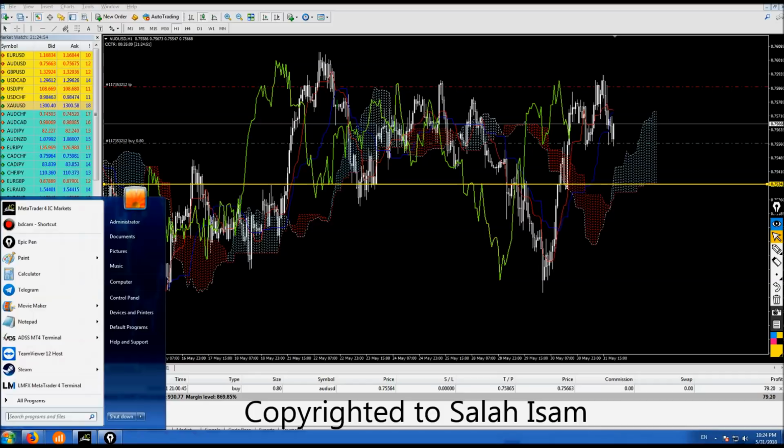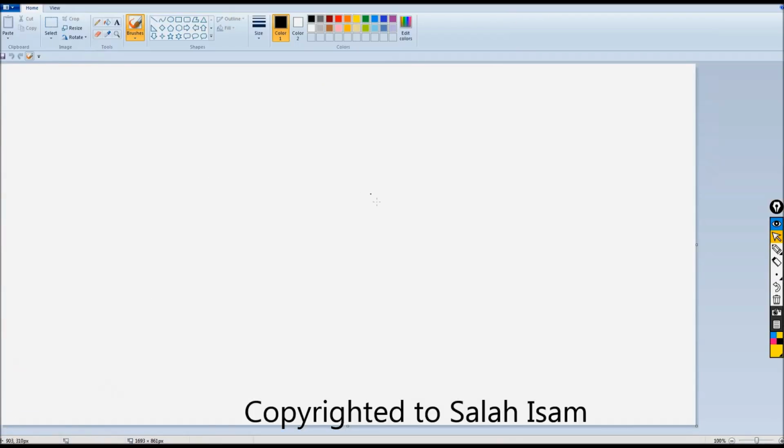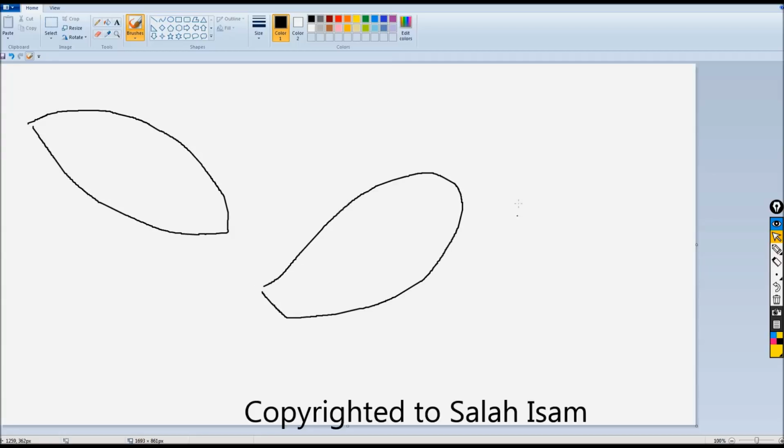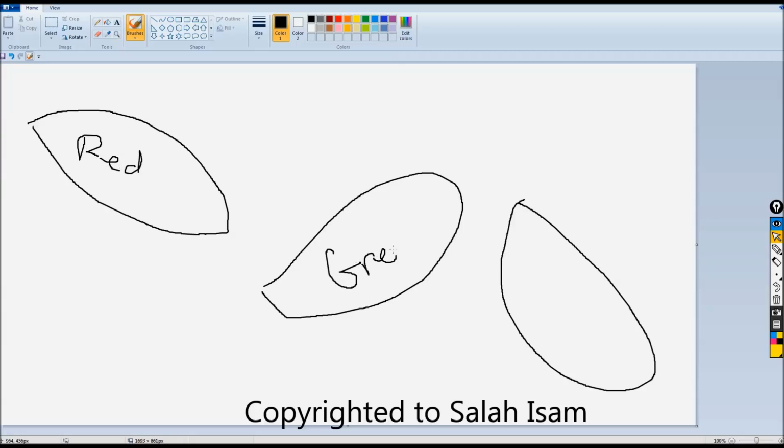So in other words, let me make it as simple as possible for you. The clouds of Ichimoku are either red or green. So we know here it is red. If the candles are below or on top of a red cloud, I need to look for resistance.